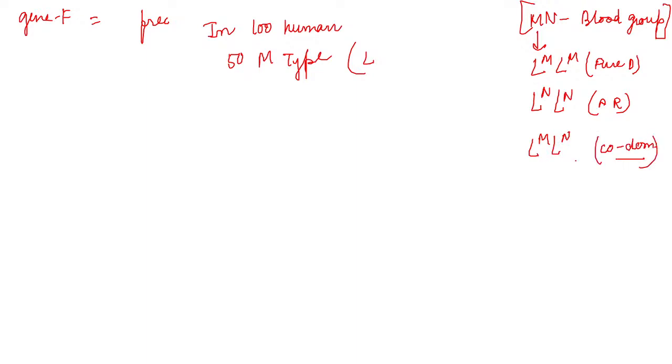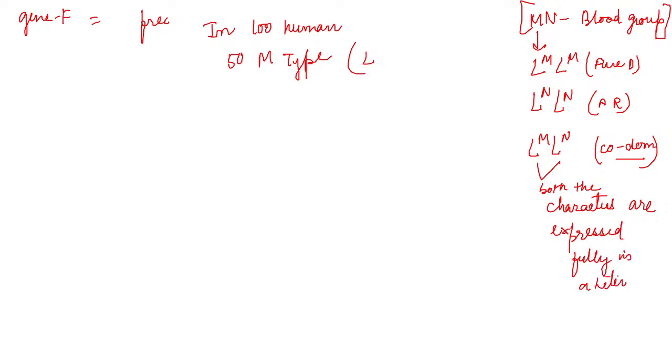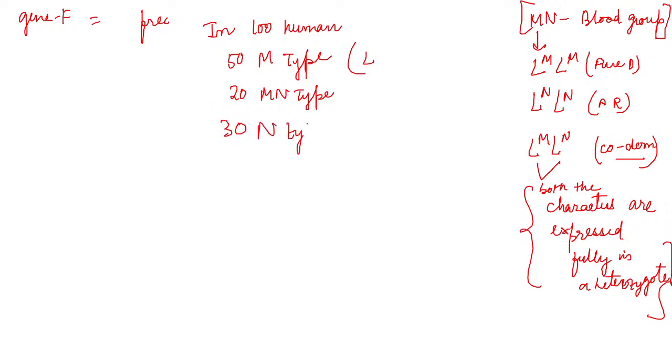Codominant means both characters are expressed fully in a heterozygote. Now 50 are M type, 20 are MN type, and 30 are N type.